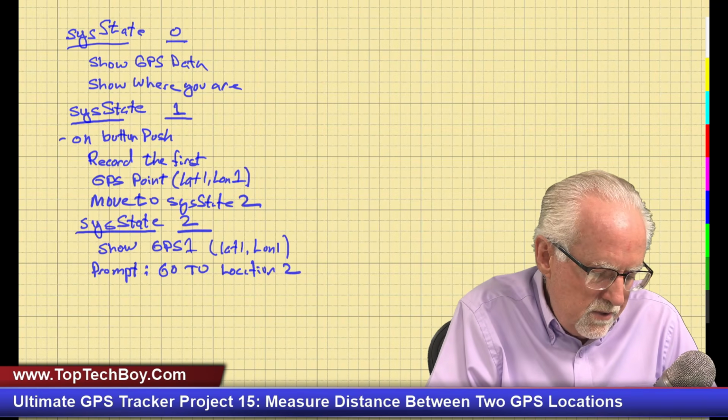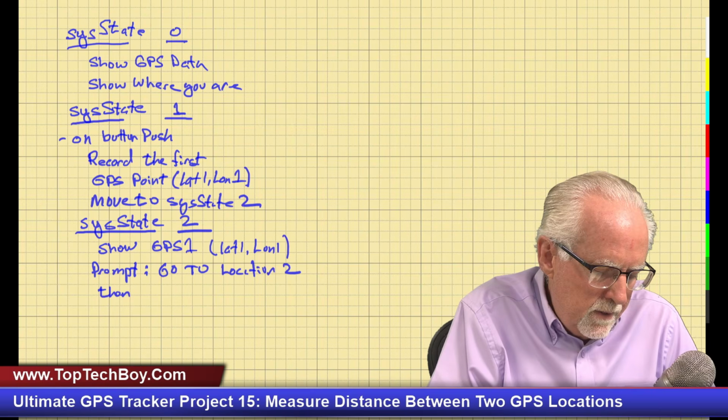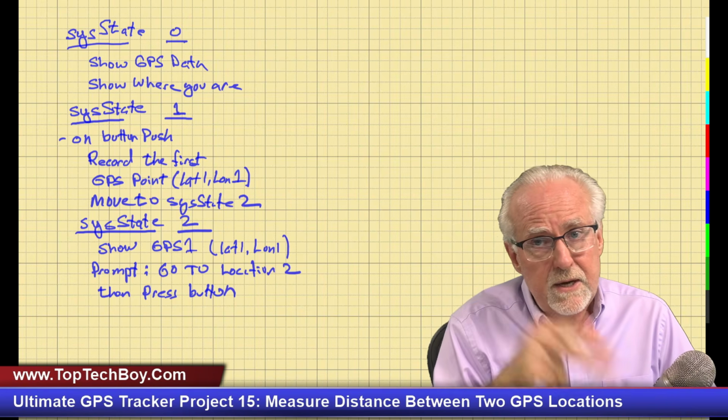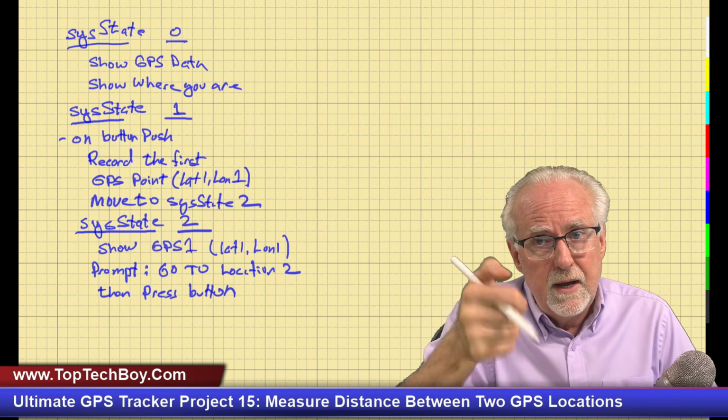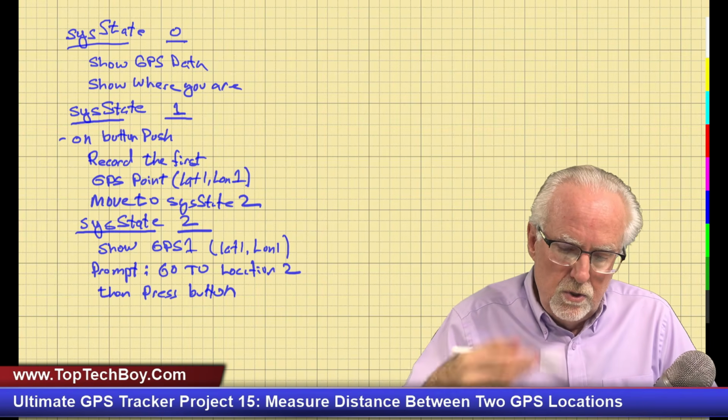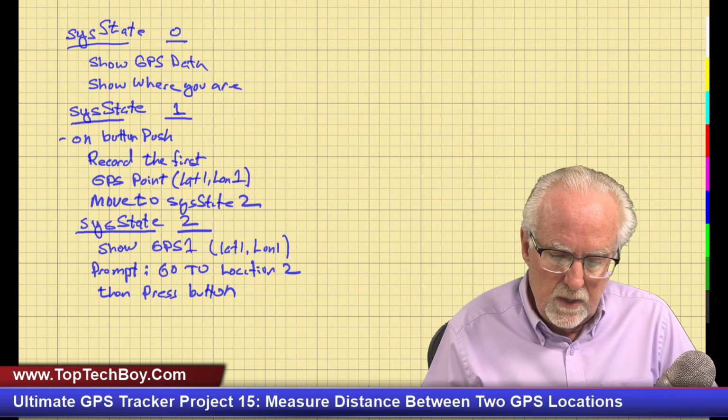Walk to location 2. Then press button. So what do I see on the screen? It says, hey, this was your first location. Now walk to your second location and then press the button. So as I'm walking, I'm just sitting there and it's looping into sys-state 2 every time.